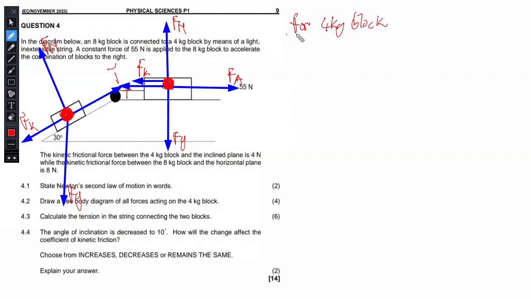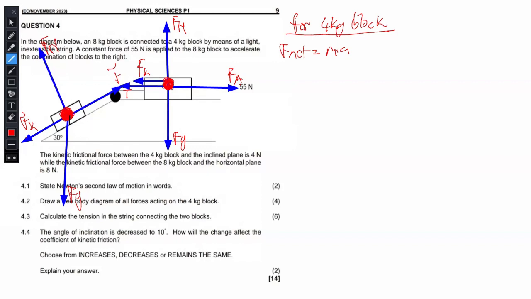Okay, so in calculating this, we need to say for the 4 kg block, we are going to have our F net. F net is equal to ma. Then we only consider the forces that are acting parallel to the surface. So in this case, we have the tension and the Fk, but then this is the catch. If you did not resolve, you'd only see tension and Fk. But remember, every time this is on an incline, your Fg always has components.